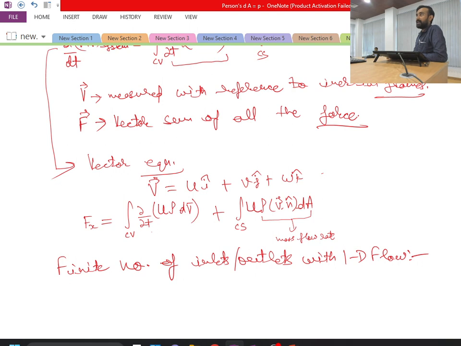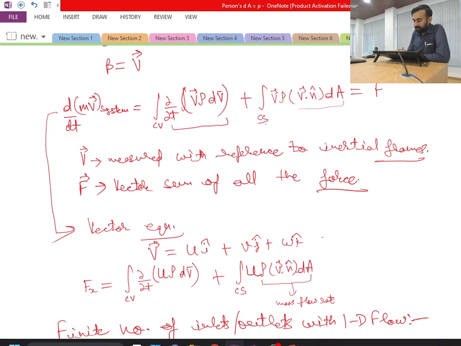Now if I consider that we have a finite number of inlets and outlets and I have one dimensional flow, then ultimately this integral term I can write in the form of a summation term.